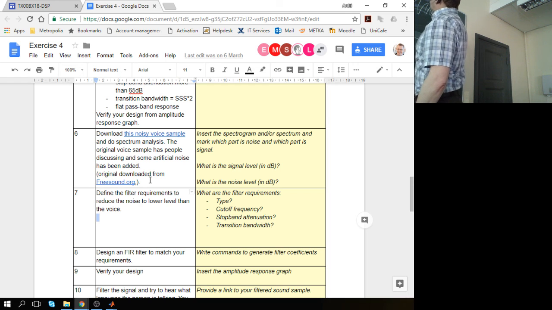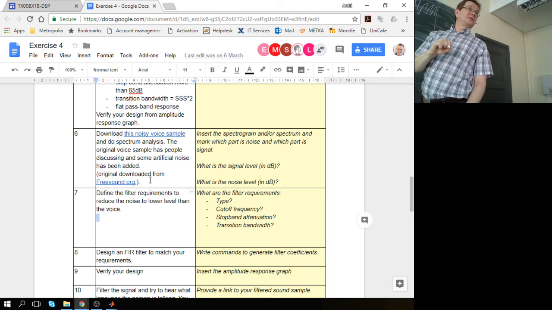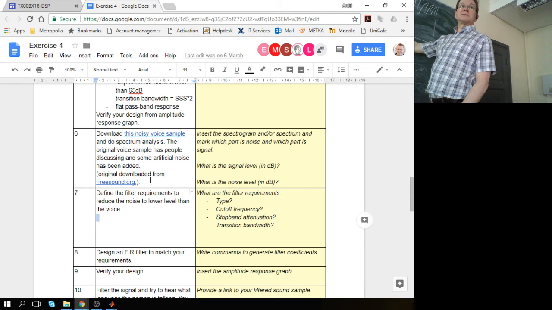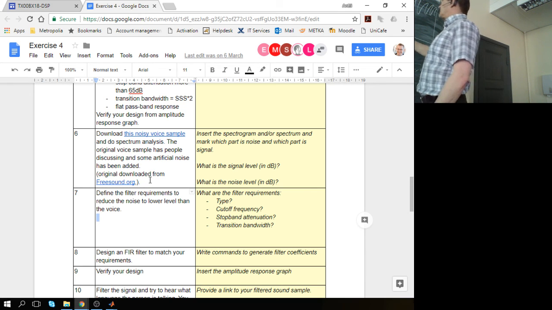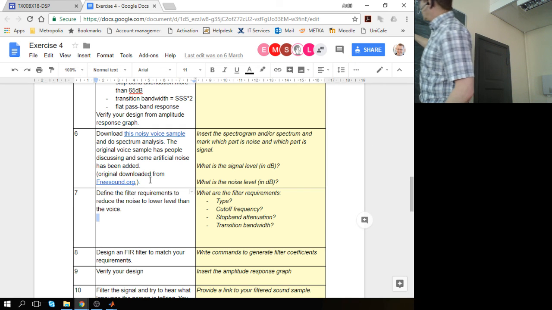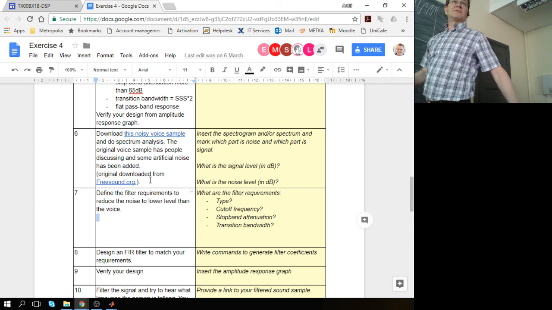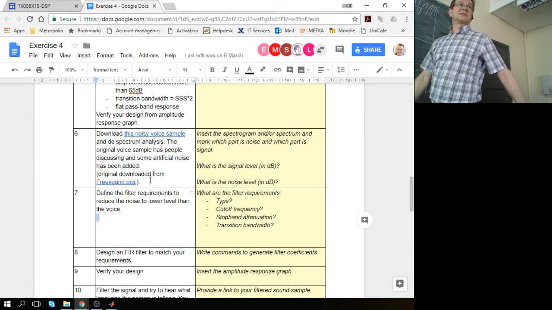You need to figure out how much you need to attenuate the noisy part, and basically pass the information as it is. So do the spectrum analysis, and then design the filter so that it passes that voice but removes enough of that noise so that you can hear the discussion.